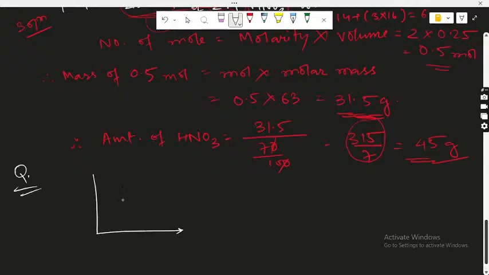So this is the graph. This is point A and this is point B, and this side represents pressure, this side represents volume.